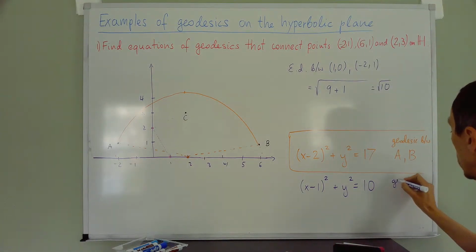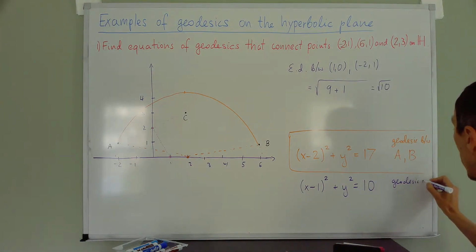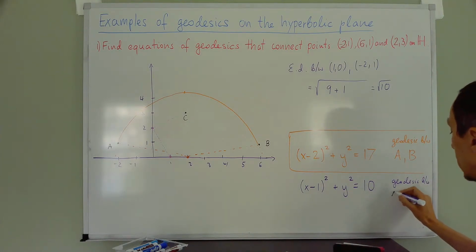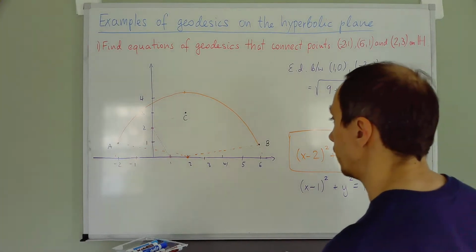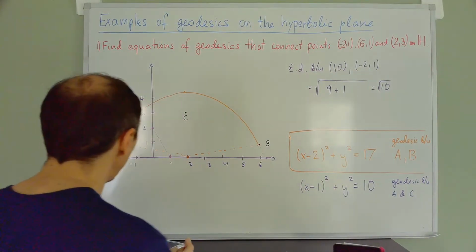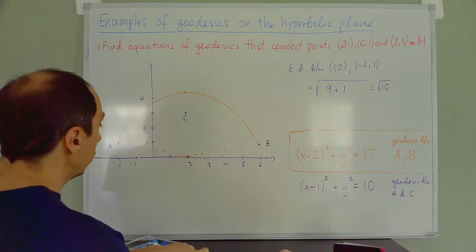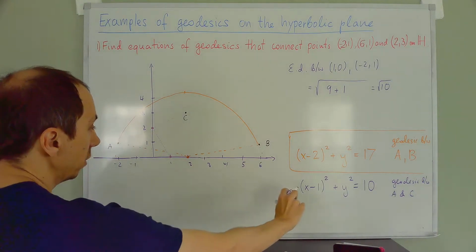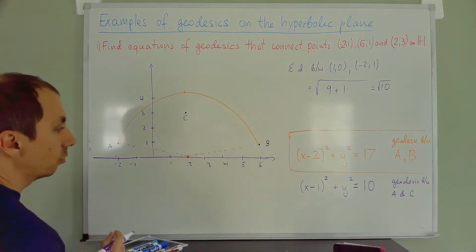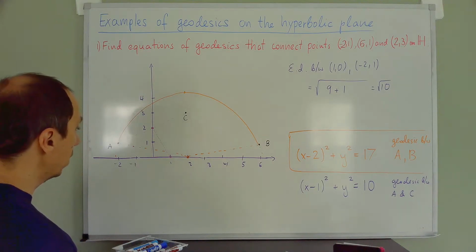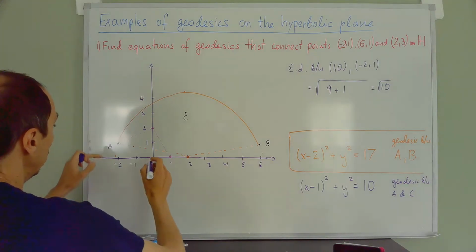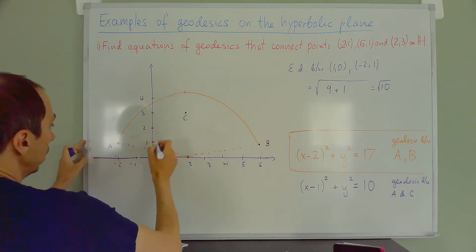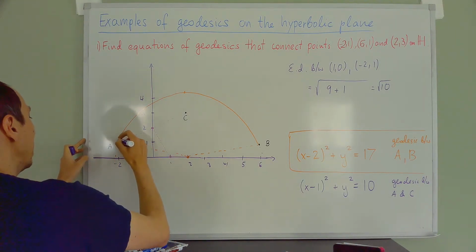So that's the geodesic between A and C. If I were to actually draw this circle, let's use the purple color. The radius is just slightly bigger than 3, which means it goes like this.